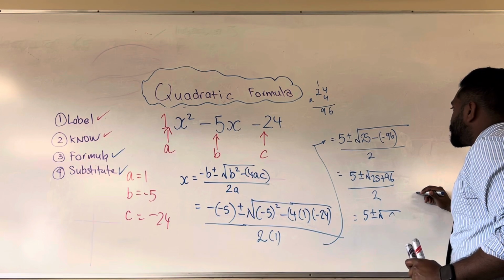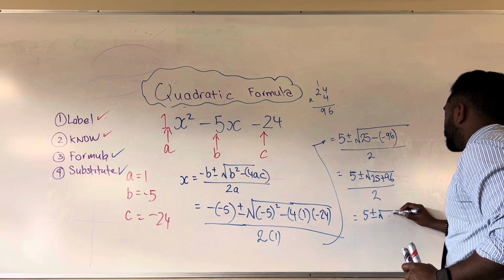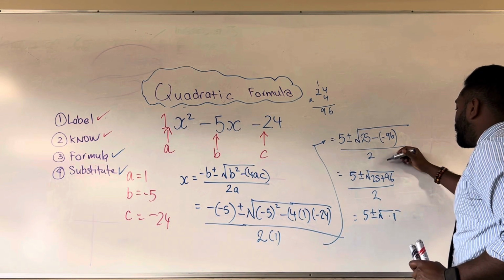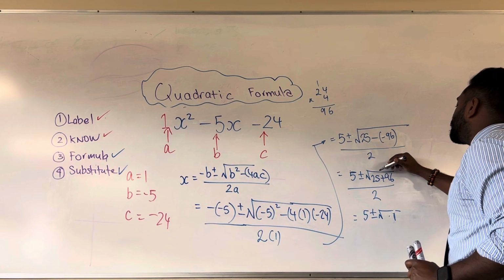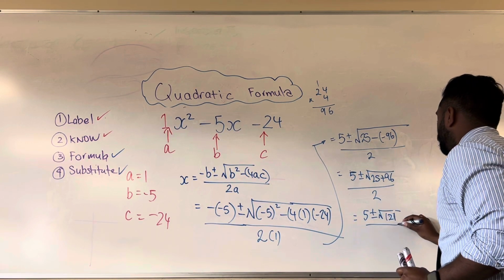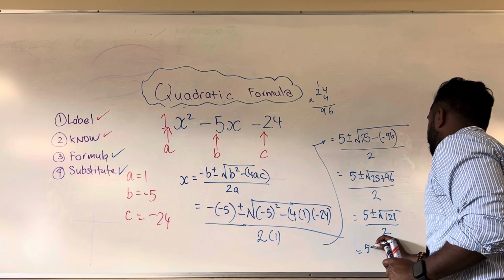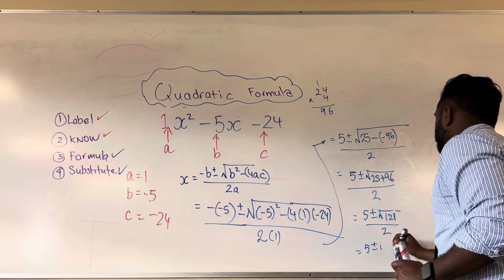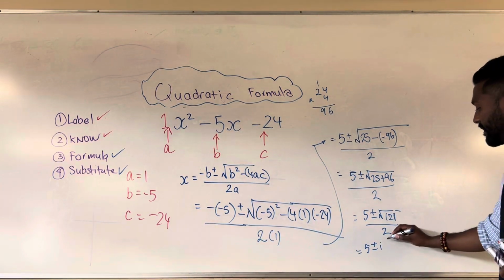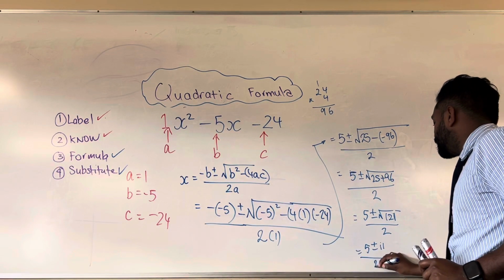In this situation, 5 plus 6 is going to be 11, carry the 1, 121 over 2. 5 plus or minus the square root of 121 is 11, over 2.